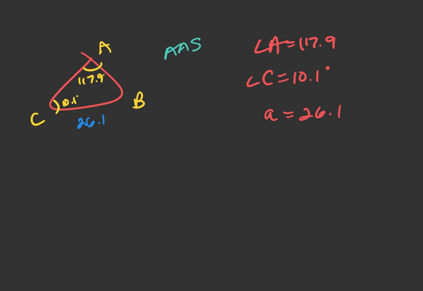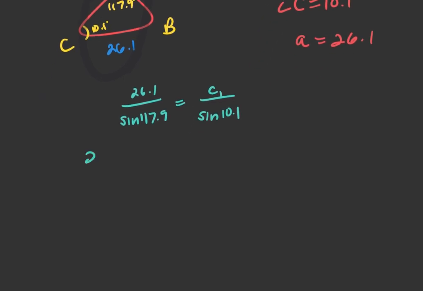So the first thing you have that you have completed is the A's. So 26.1 over the sine of angle A, which is 117.9, equals the only other thing you have right now already, which is C. So C1 over the sine of angle C, which would be 10.1. Then I'm going to cross multiply and divide.